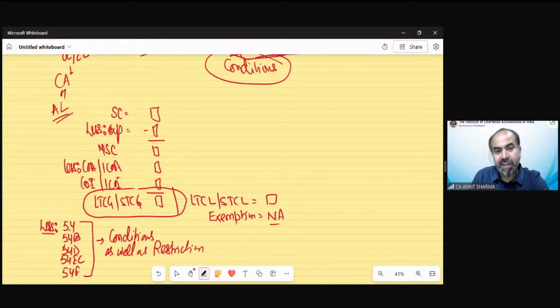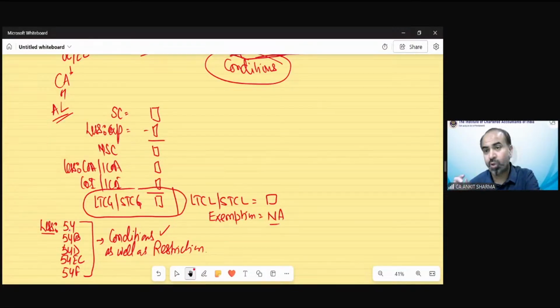It's not that if you fulfill the condition, you will get the exemption. Even after claiming that exemption, even after taking the benefit of that exemption, the exemption can be revoked if in future you do not follow the restrictions. So there are some restrictions even after claiming the exemption, and you have to follow those restrictions.